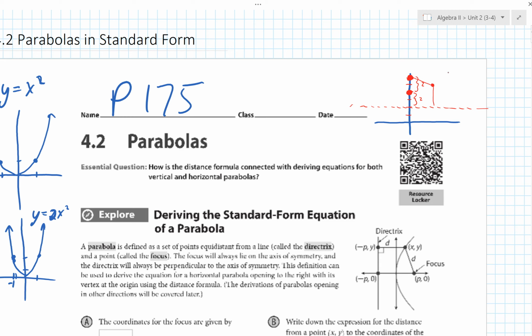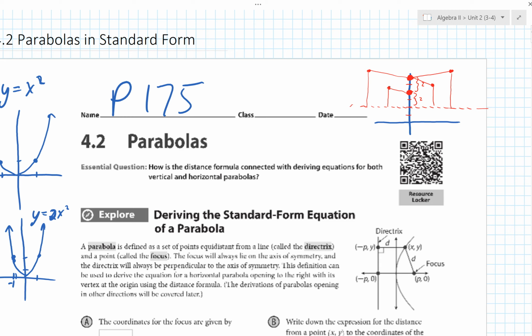And then move further to the right, and is that distance and that distance about the same? Okay, and then do the same thing going to the left. That distance and that distance are the same.